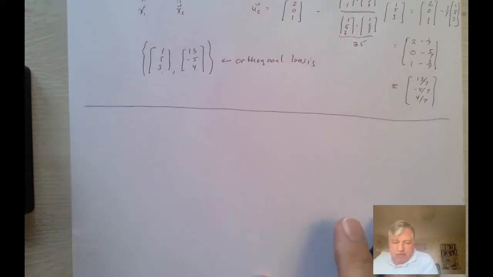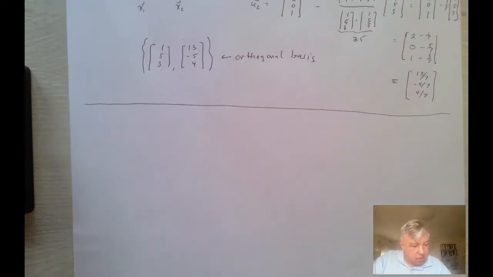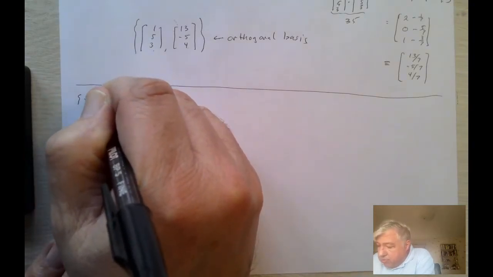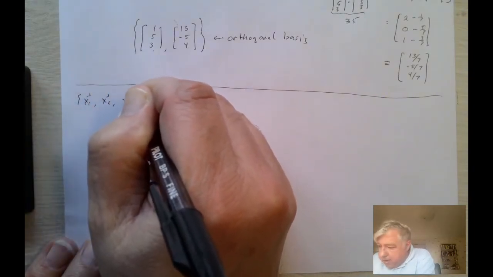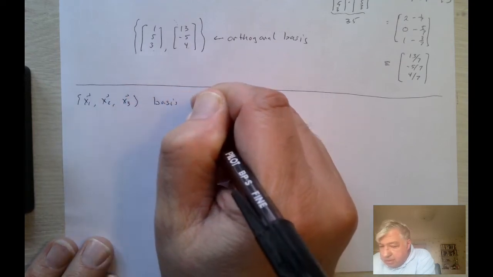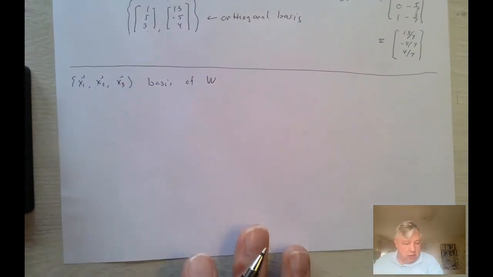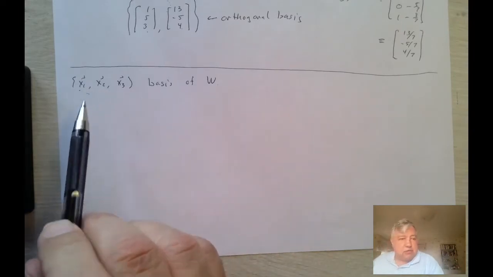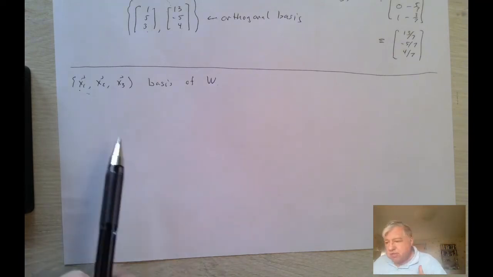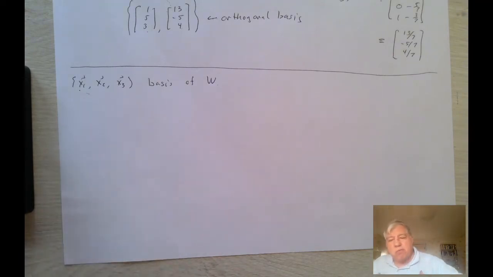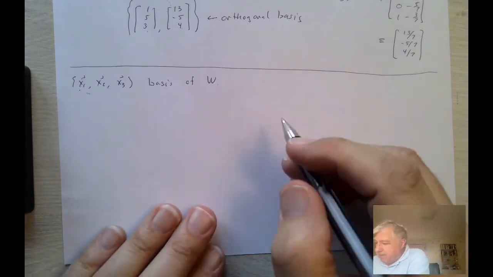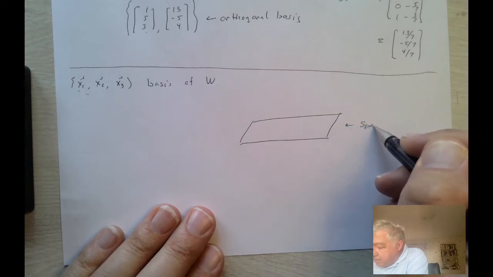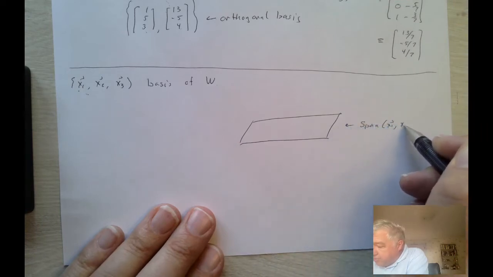Now, what about a three-dimensional subspace? Okay, so now in this case, say we had x1, x2, and x3 is now a basis of W. The way we do this is we're going to first focus on these two vectors, x1 and x2, and look at just the span of those, and that's a subspace. And we know that we can find an orthogonal basis for that subspace. So let's say this plane represents the span of x1 and x2.